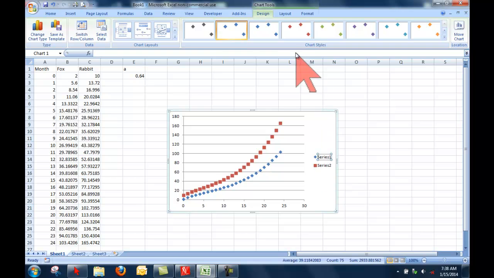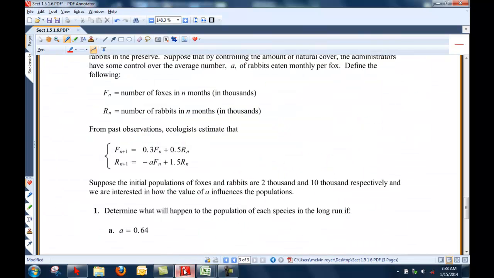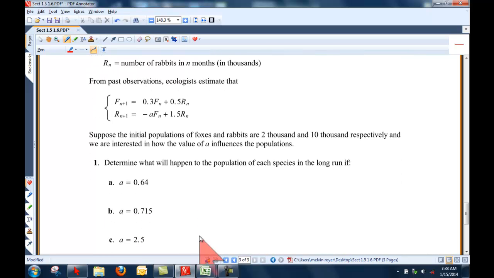I don't seem to be able to edit. Okay, so we'll just remember fox are in red, rabbit are in blue. With this scenario, clearly both populations seem to be exploding in time. So if I come back here, what we see is uncontrolled growth.